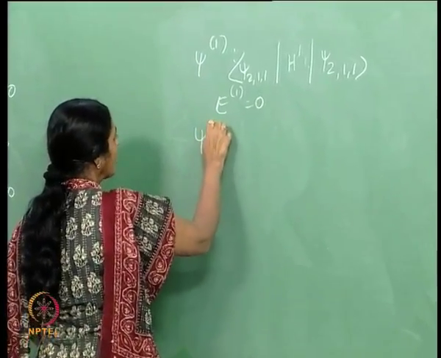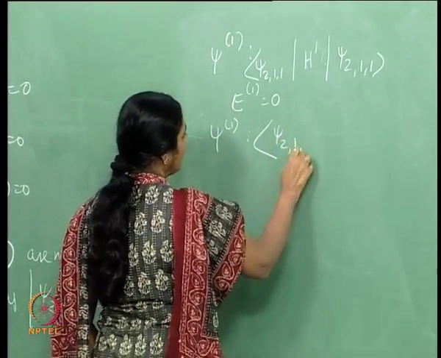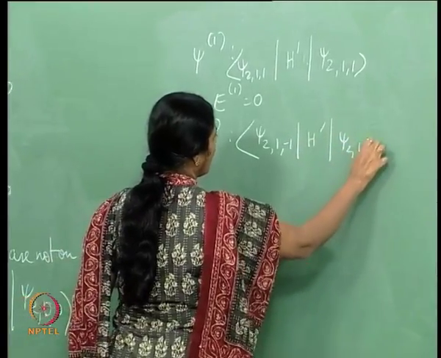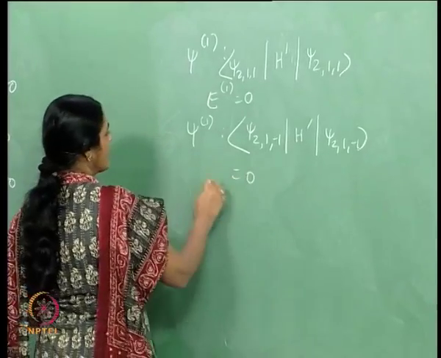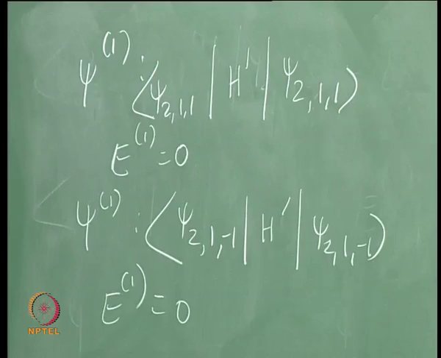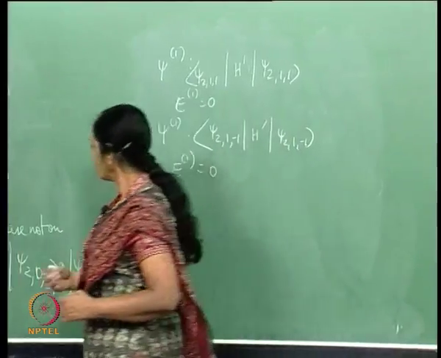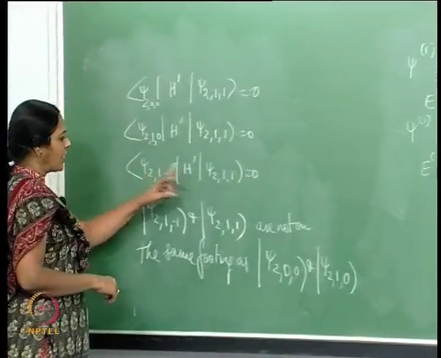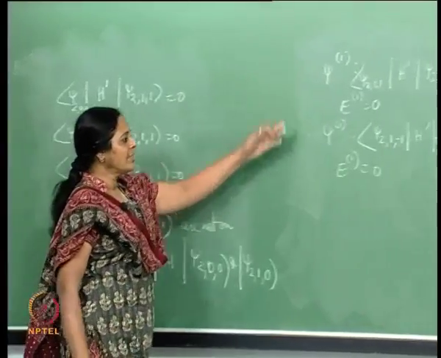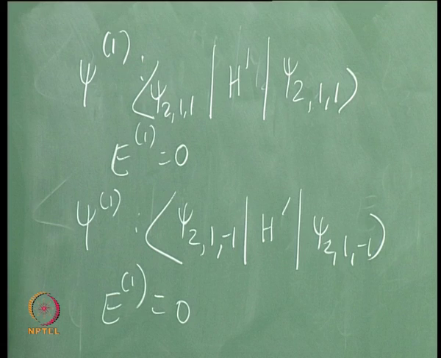And then if you look at the first order contribution of this form, by similar arguments, the first order contribution of energy is 0. So, even to first order, although the numerators that I was talking about vanish, it turns out that the energy eigenvalues are the same and the degeneracy is not lifted.